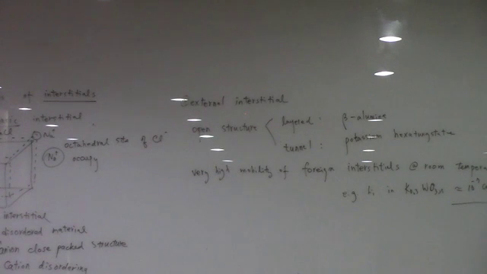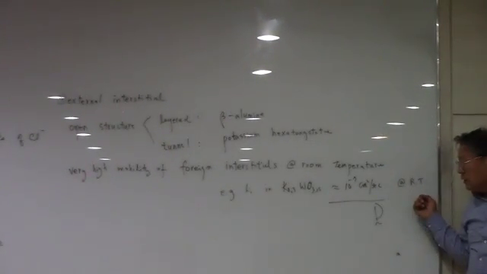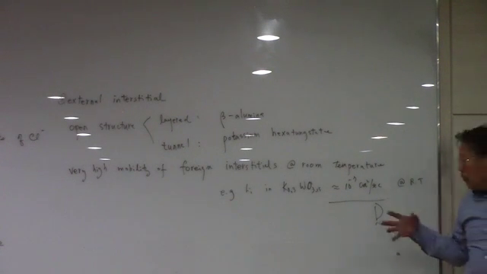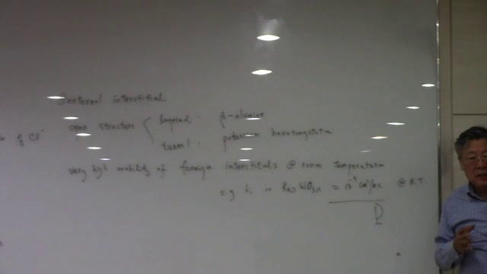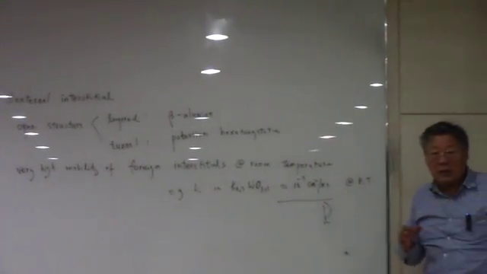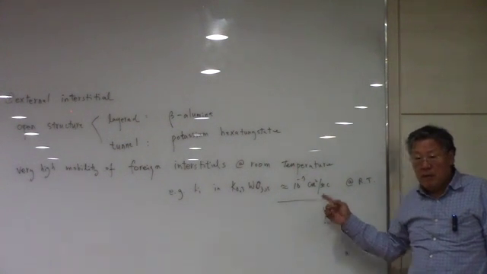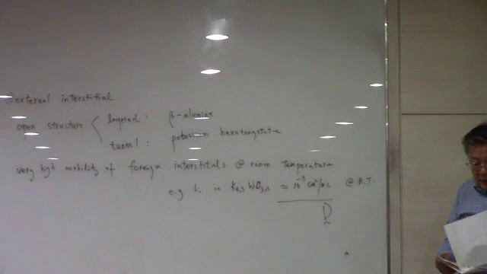This is a very high value for a diffusion coefficient in a solid state. Normally at room temperature the diffusion coefficient is about 10 to the minus 16 to 10 to the minus 19. So this is a very high diffusion coefficient, 10 to the minus 7.